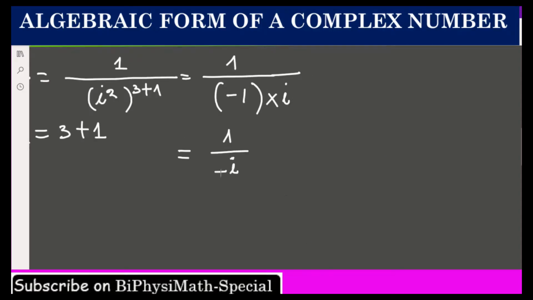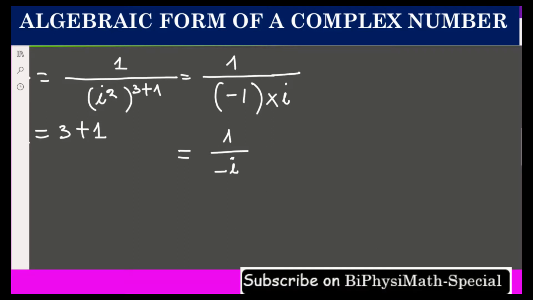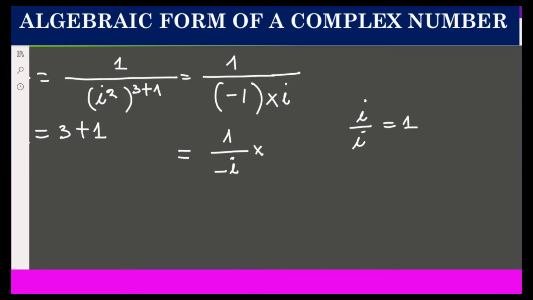And at this step, let me show you: i divided by i equals 1. Now here, let me multiply by i over i. I change nothing by multiplying with the same number in numerator and denominator.